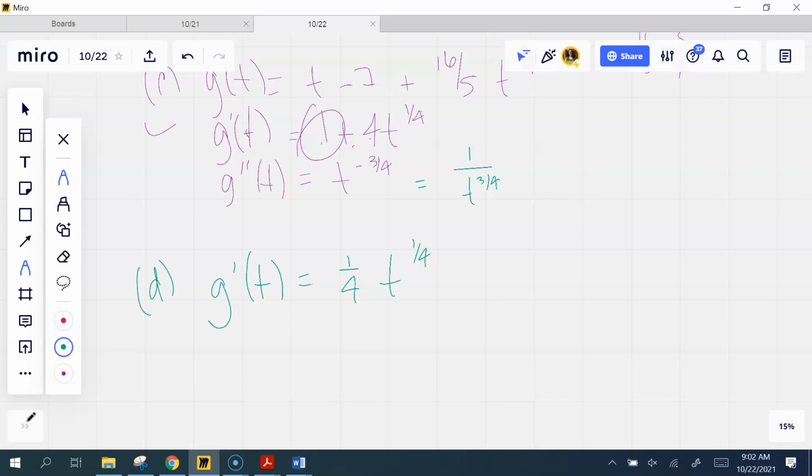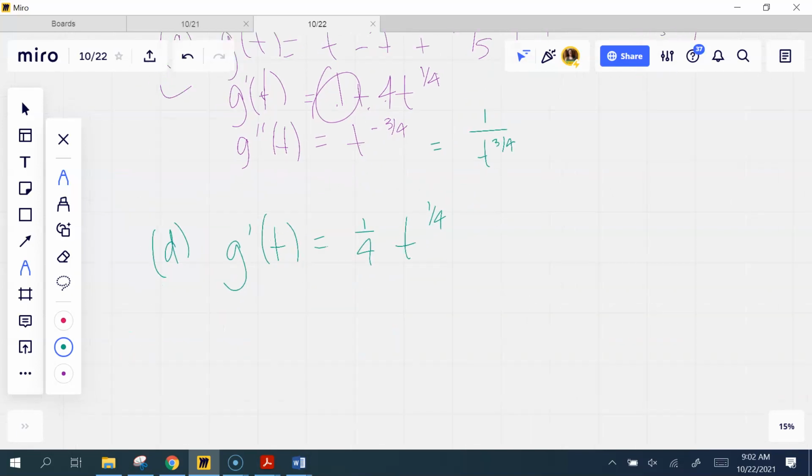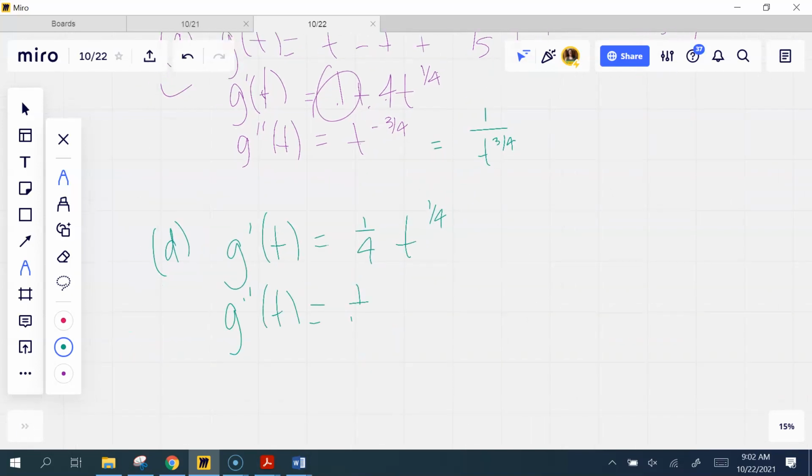That would be no, because what did it give us? It gave us the second derivative. If I did the derivative here, I would get 1/16 t to the negative 3/4. So, don't forget this, we can click on these on Monday. Other questions about your homework?